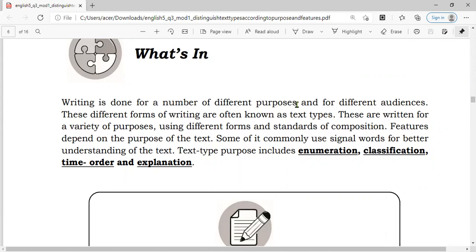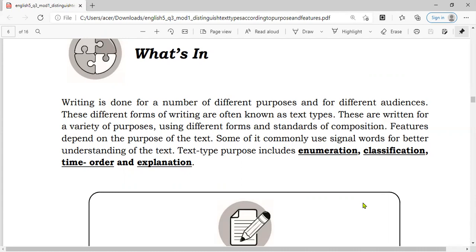And of course, there are also different audiences. For example, the writers who wrote articles in the newspaper would have varied audiences.